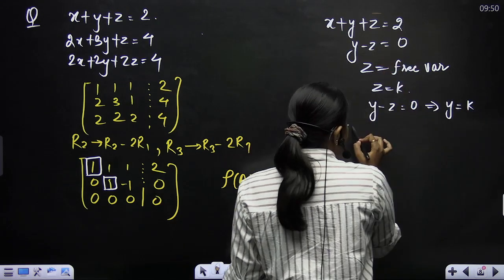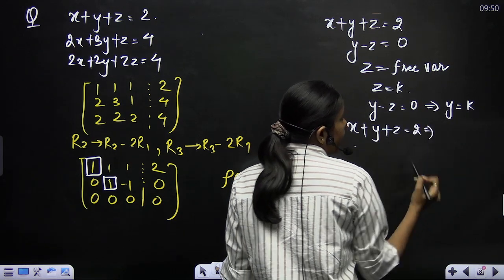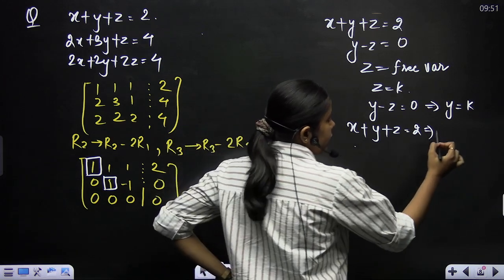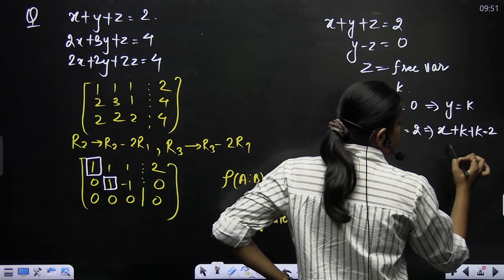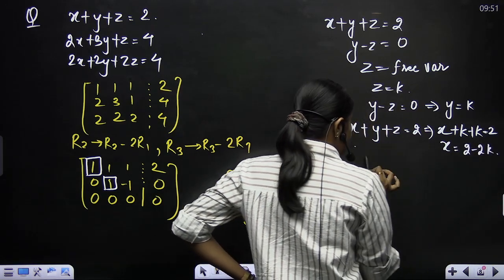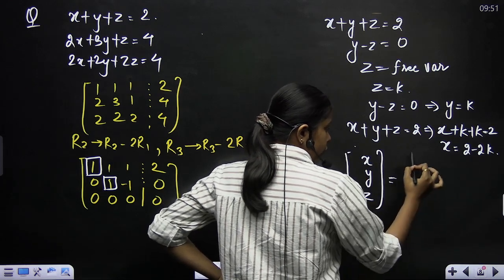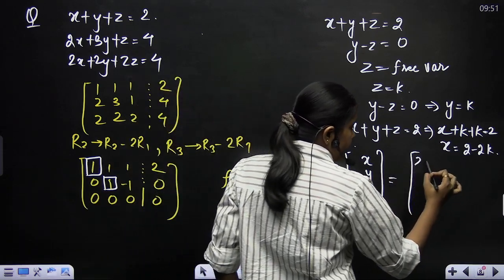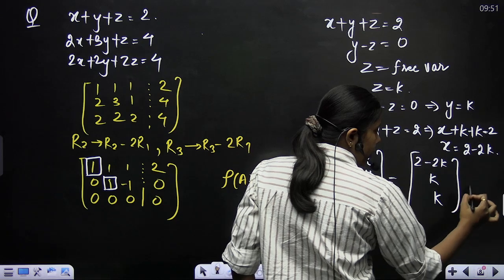And with x plus y plus z is equal to 2, what would you get? x you write as it is, y is k, z is k, and this is 2. So x you would get as 2 minus 2k. So your solution vector x, y, z is (2 minus 2k, k, k), where k belongs to the real numbers.